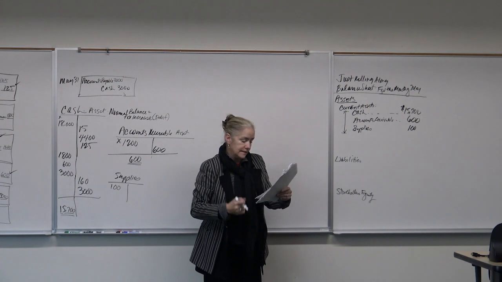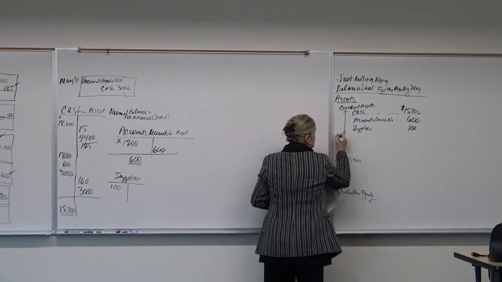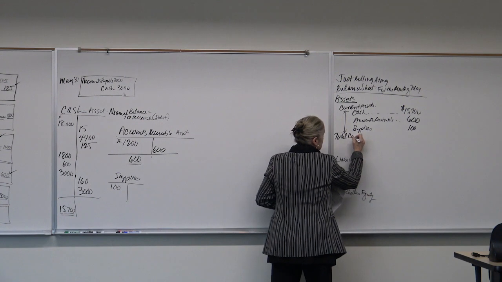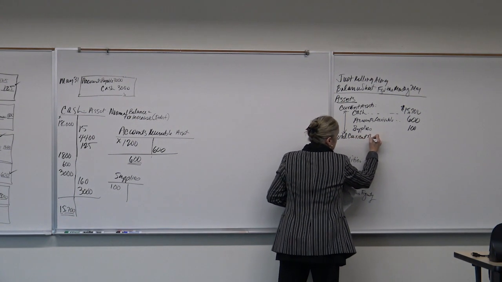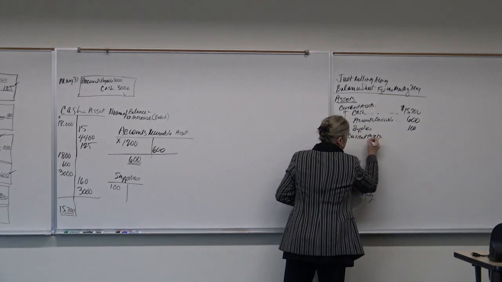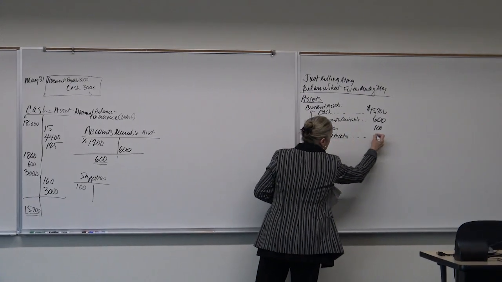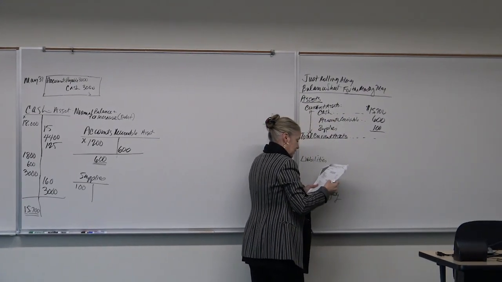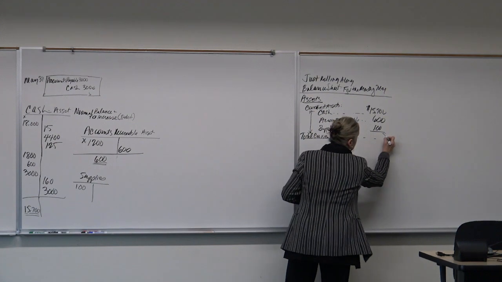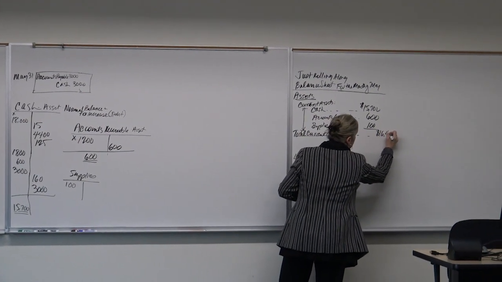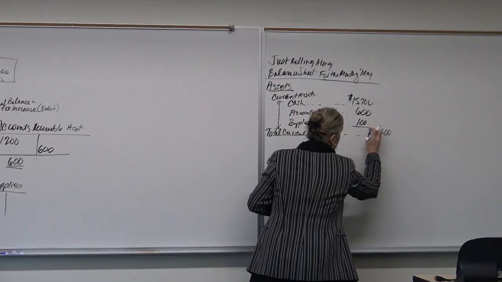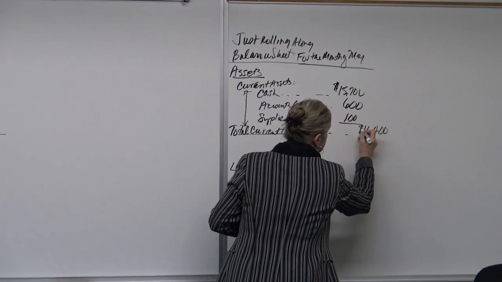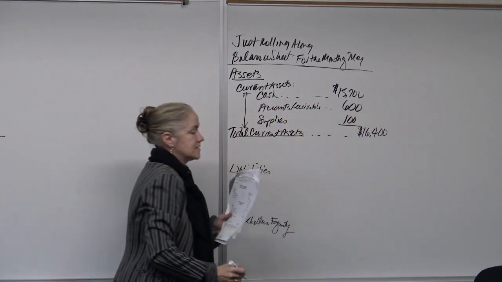Now, the total current assets, I'm going to add all of these together, and I'm looking at 16,400 in total current assets.